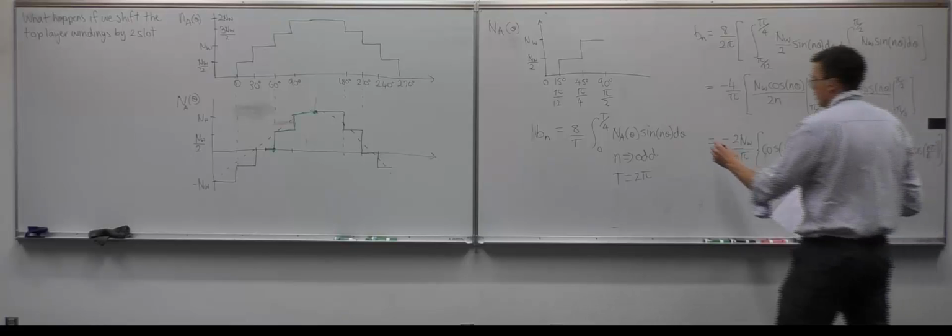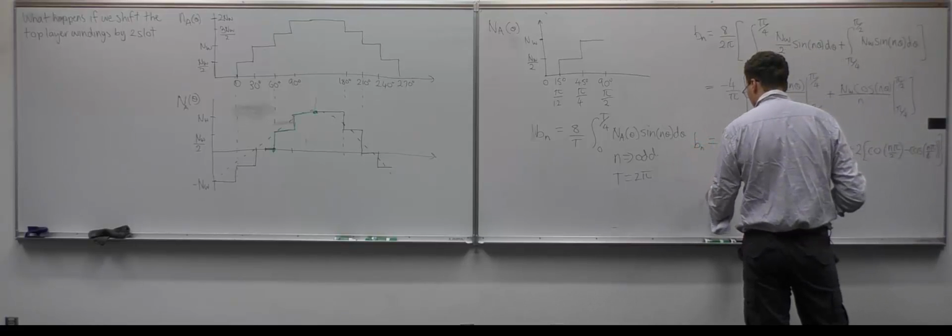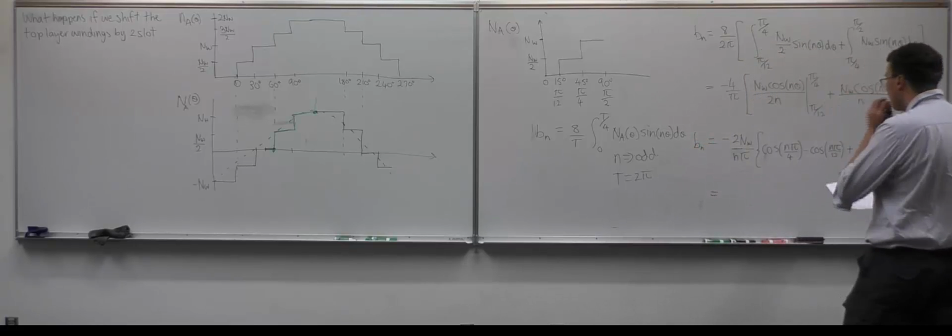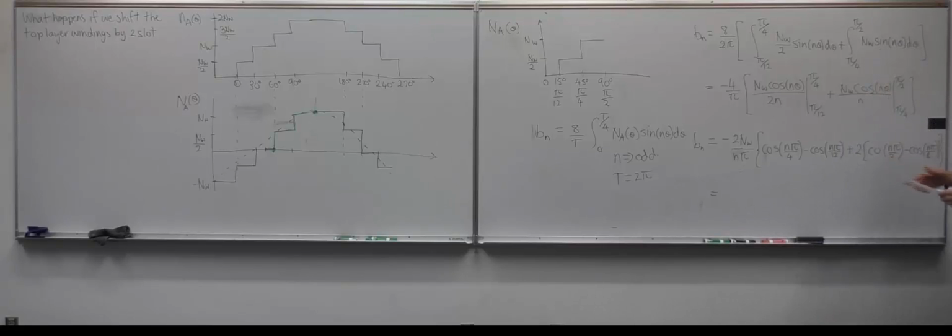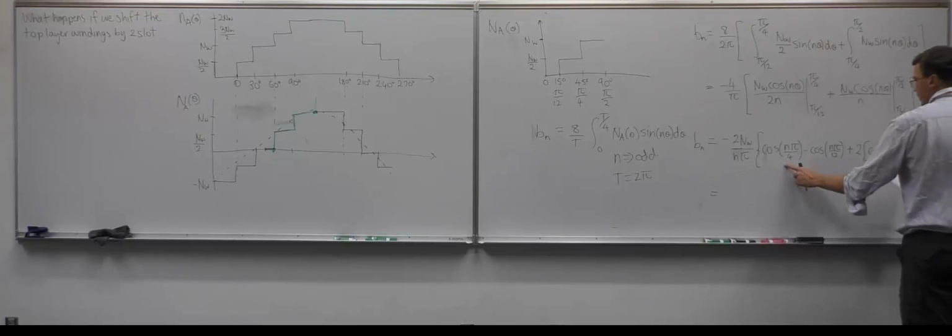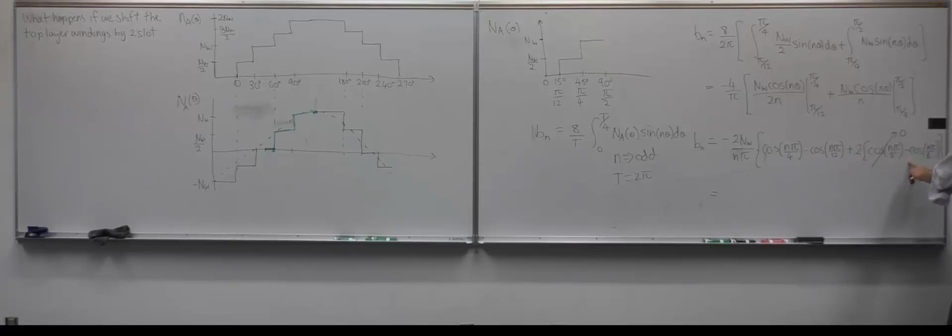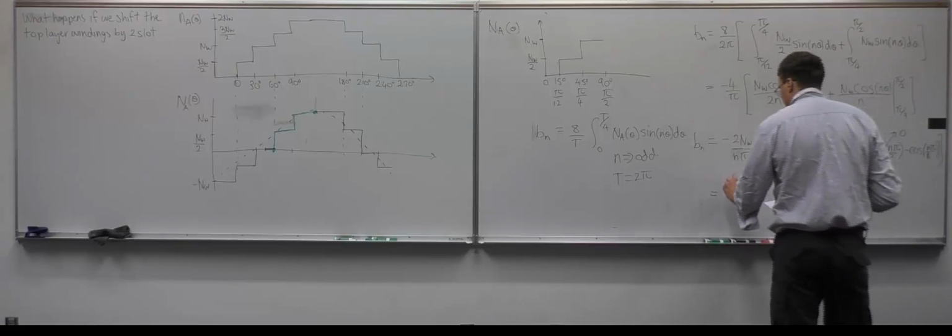Okay, this is Bn. So remember, n is odd, so this cosine term will be 0, and there we have a cosine n pi over 4, and then we have 2 times cosine n pi over 4, so we can simplify down.